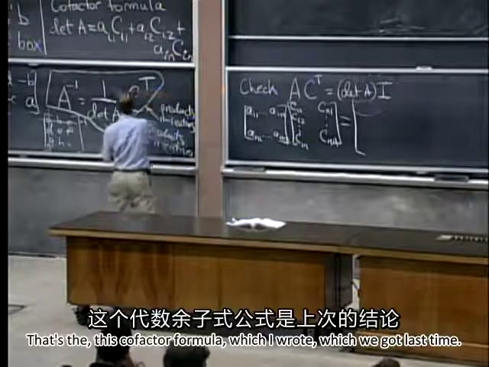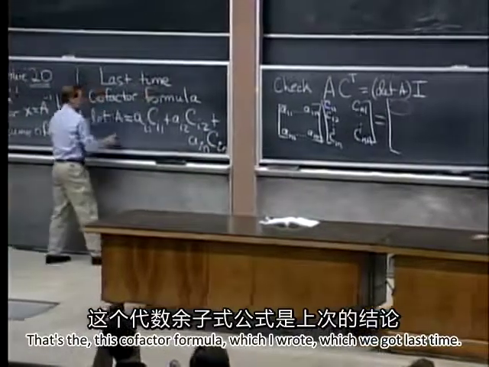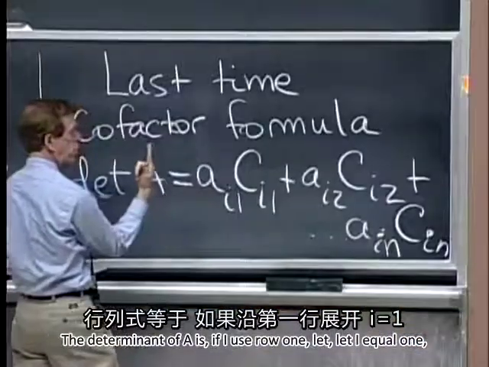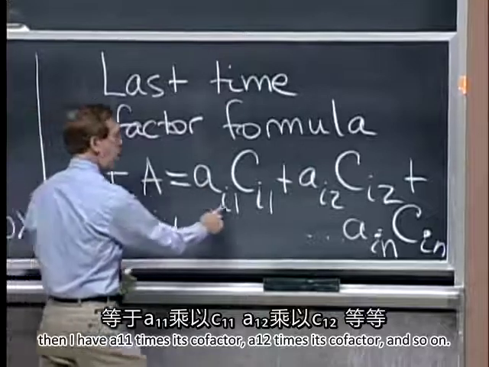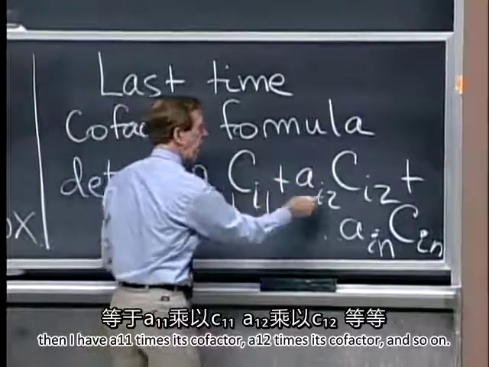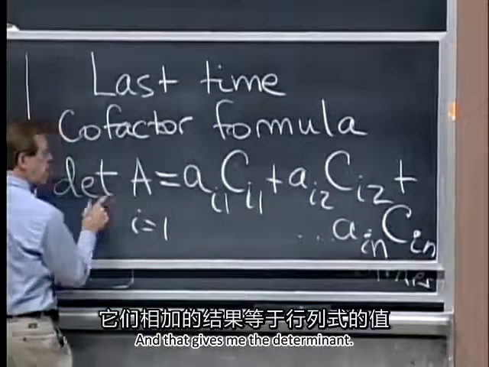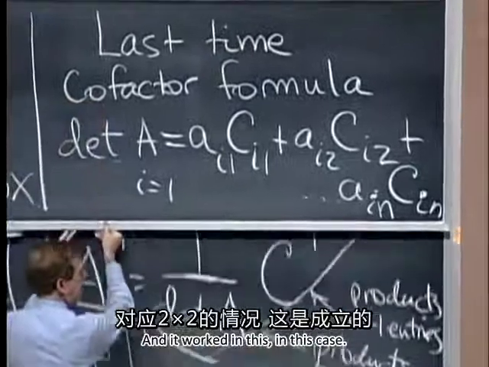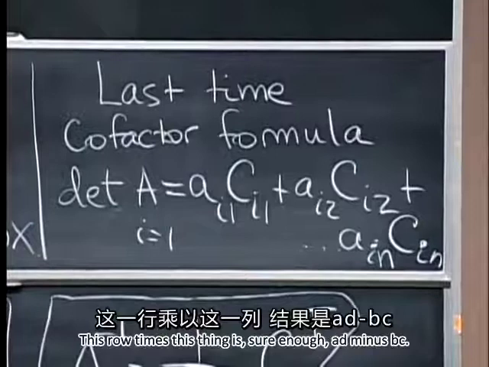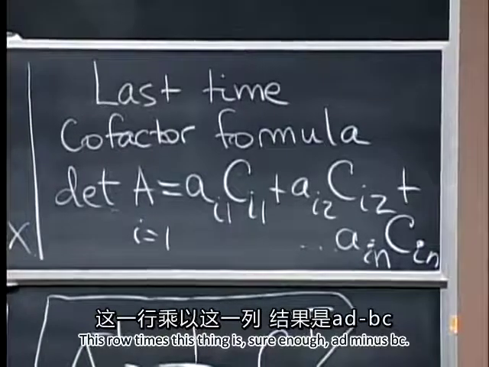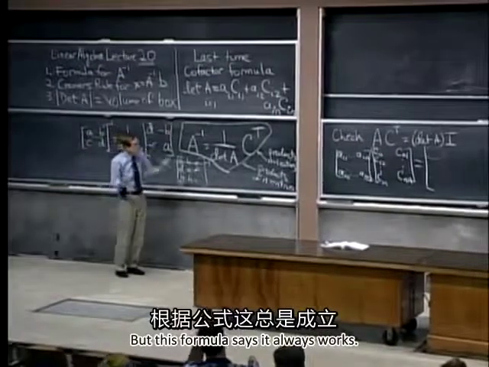That's the cofactor formula which we got last time. The determinant of A is, if I use row 1, A11 times its cofactor, A12 times its cofactor, and so on. And that gives me the determinant. And it worked in this case. This row times this thing is, sure enough, AD minus BC. But this formula says it always works.